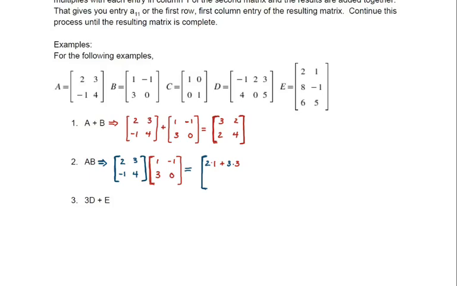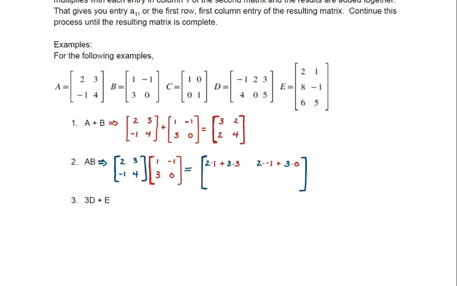So it's row 1 times column 1, but you would add your multiplication together. For my second entry of row 1, I would take the first row of matrix 1 multiplied by the second column of the second matrix, and that's where I would get that entry. So I'd get 2 times 1 plus 3 times 0. Sorry, 2 times negative 1 plus 3 times 0. That would make my second entry in row 1.